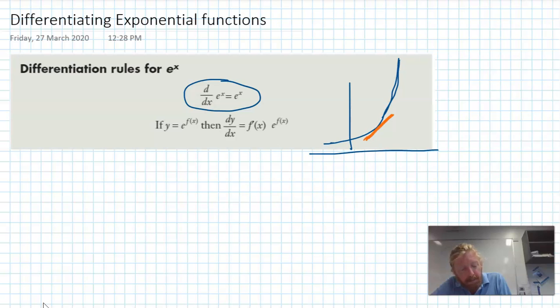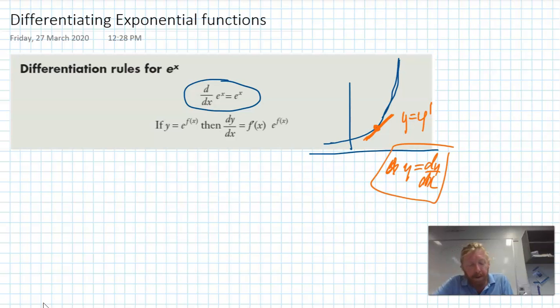So at this point here, y, the location, is the same as y dash, or I could rewrite that as y equals dy dx. Now we know that one.